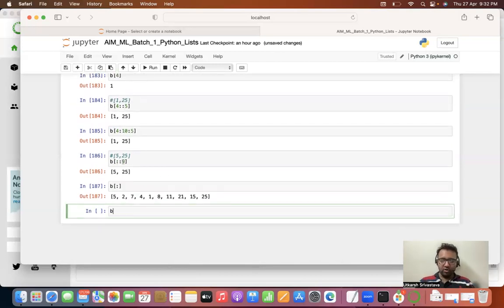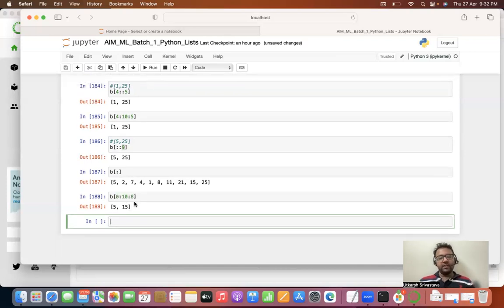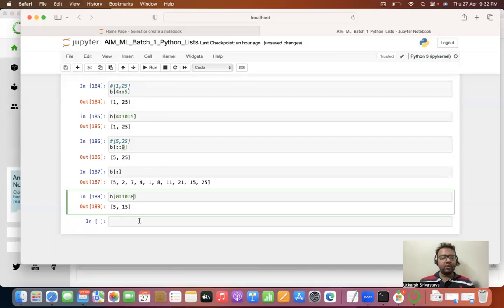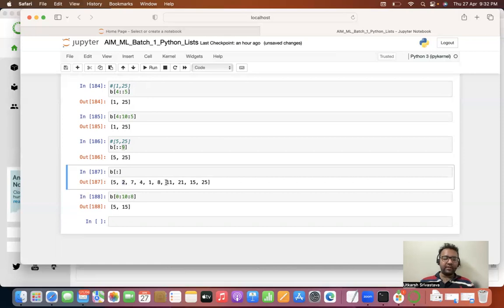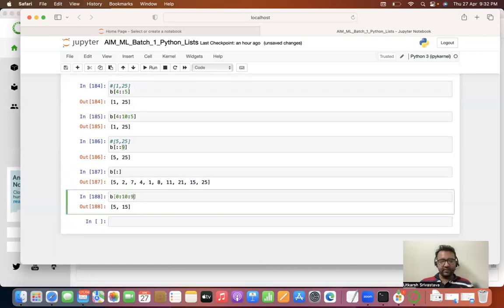And there is one more alternative which Isha has given, which is 0, 10, 8. Okay, it should be 0, 10, 9. Why? Because if we write 8, it will print out 1, 2, 3, 4, 5, 6, 7, 8.